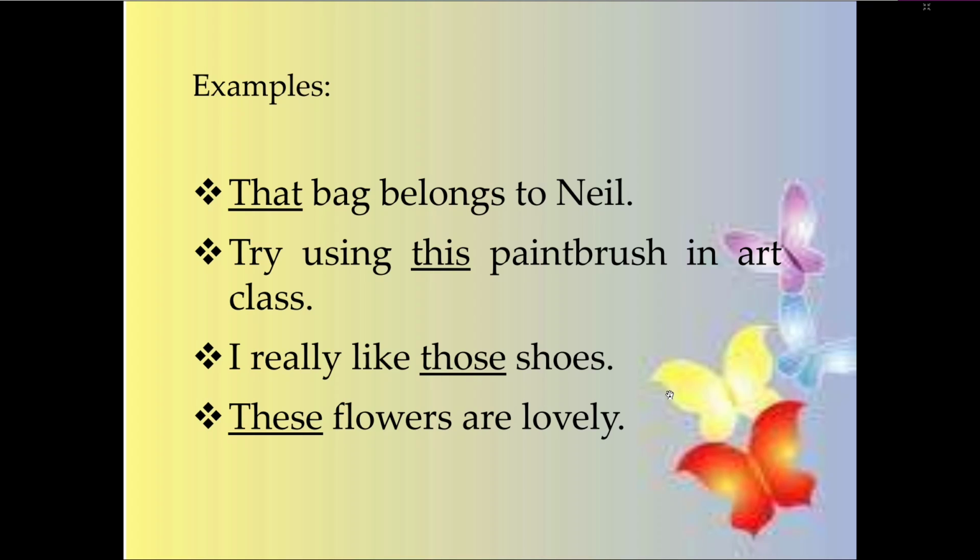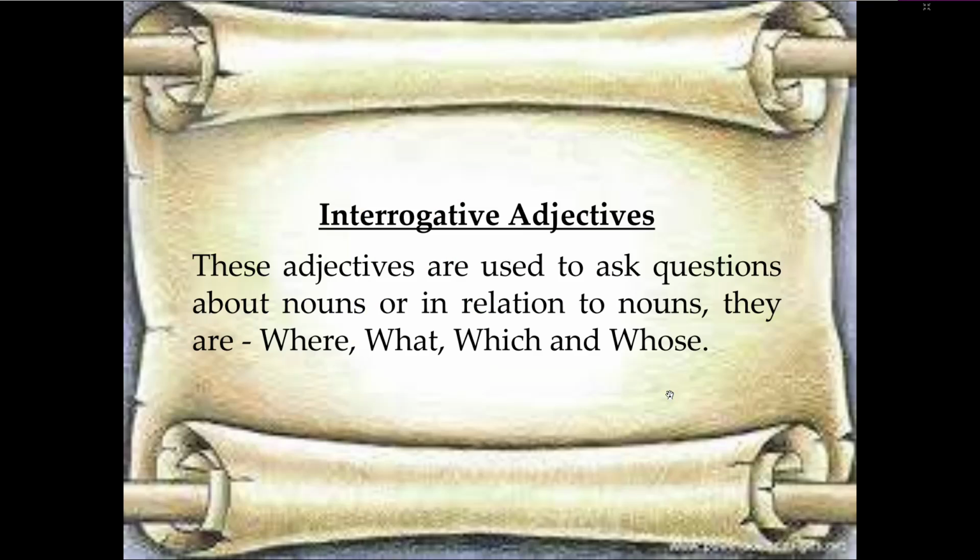These flowers are lovely. The plural of that is those and the plural of this is these. That and those are used to point out things that are lying far from us, and the words this and these are used for things which are lying very near to us.